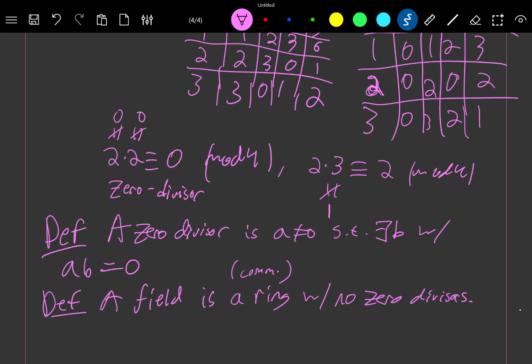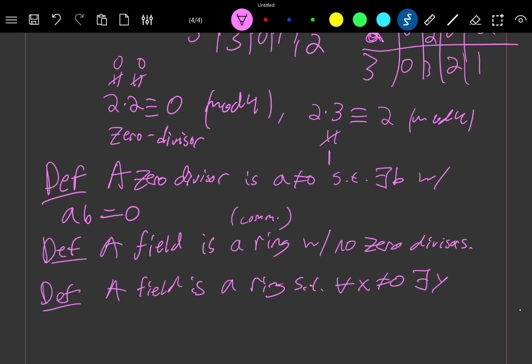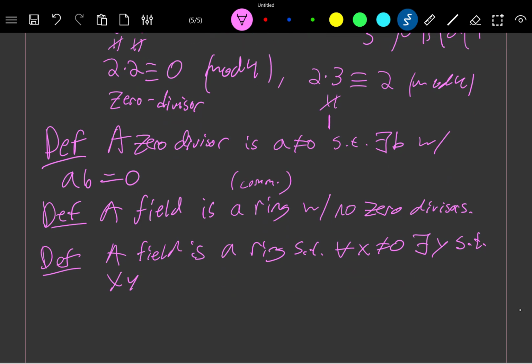This kind of prompts the question as to when do zero divisors exist, and when do they not? And we should note, this usually isn't the classical definition of a field. So classically, a field is a ring such that for every x not equal to 0, there exists some y with x times y equal to 1.